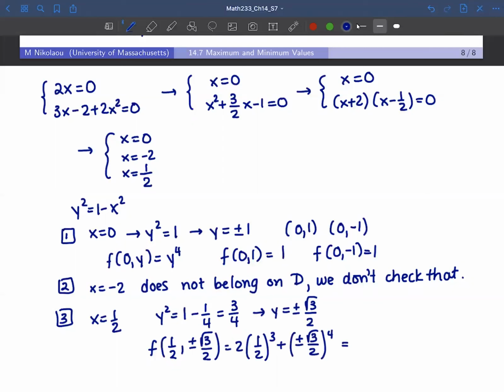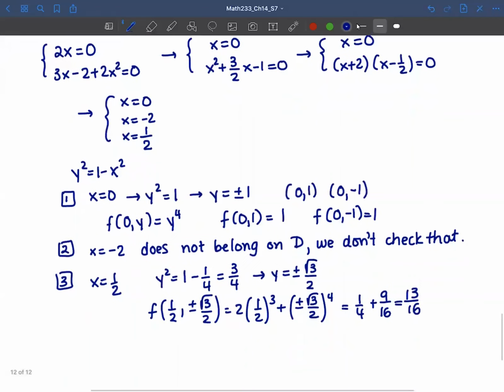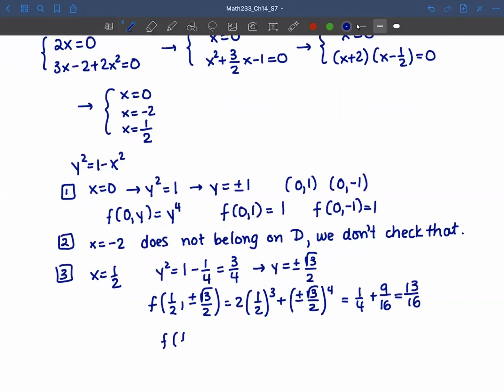So that would be equal to 1/4 plus 9/16, and this is equal to 13/16. The value of the function at (1/2, plus or minus square root of 3 over 2) would be equal to 13/16.